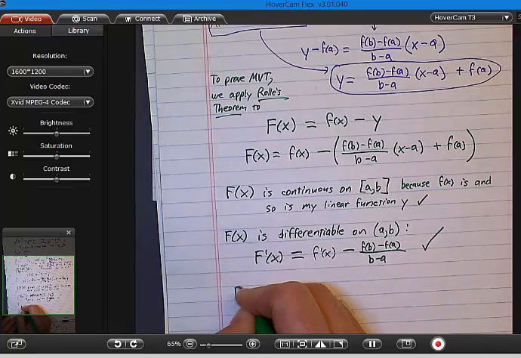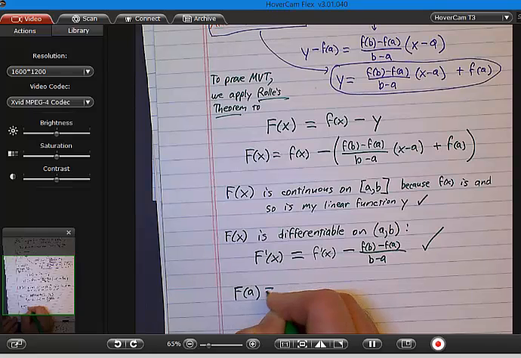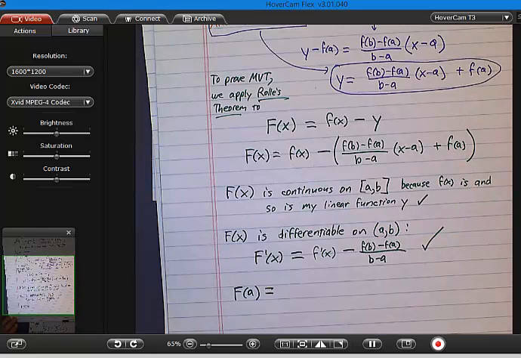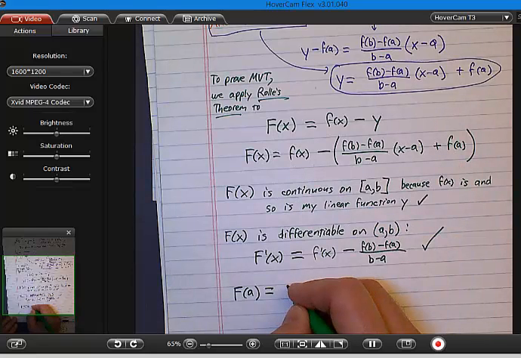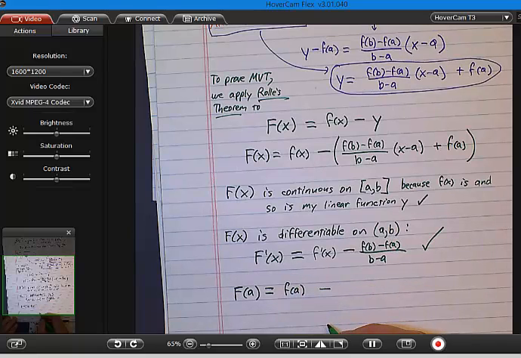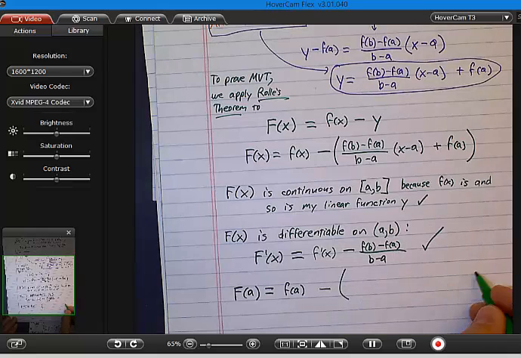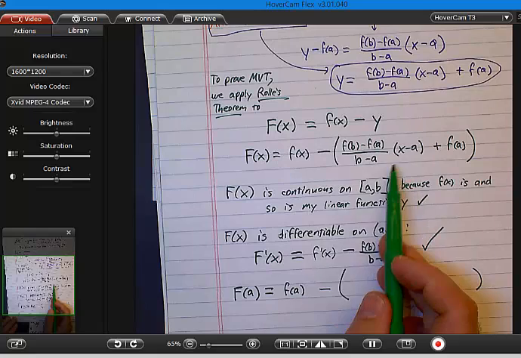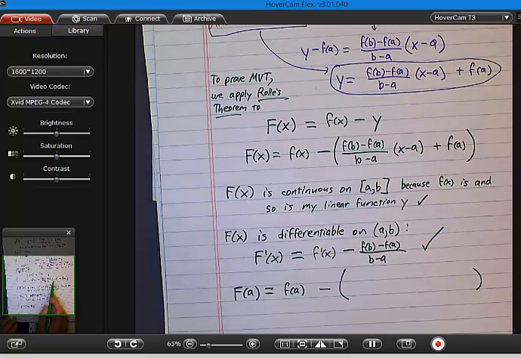Yeah, so what is big F of A? Well, I guess I have to plug an A in here, right? So what would it equal? It would equal little f of A minus stuff in parentheses. But what does this stuff here all equal if you plug in an A?